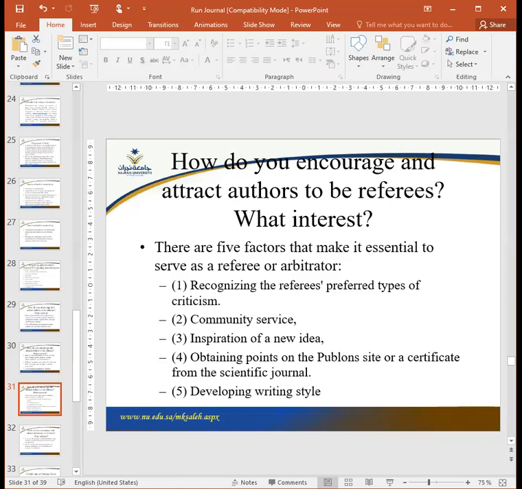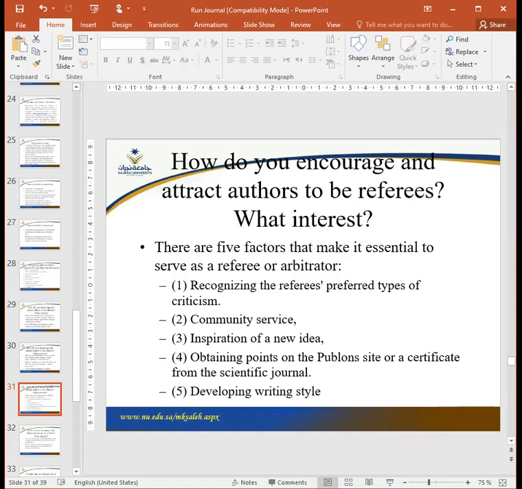Second, community service, which is one of the requirements for the promotion of faculty members in universities. And I hope in the future it will be added in the Nigerian university regulation for promotion of faculty members.